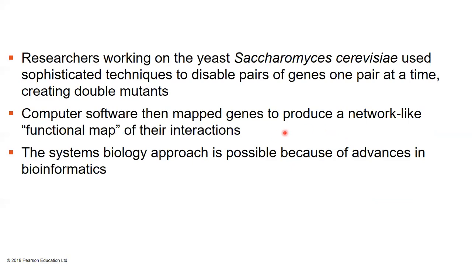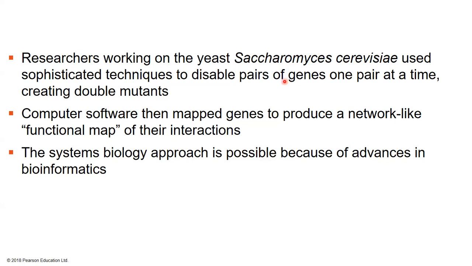For example, scientists applied the systems biology approach to an organism called Saccharomyces cerevisiae, which is a type of yeast. In this study, they wanted to understand the interaction between genes.